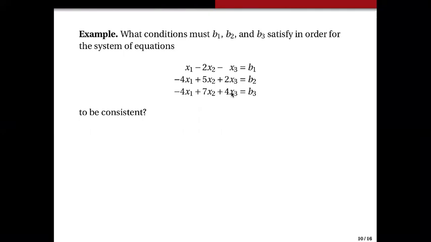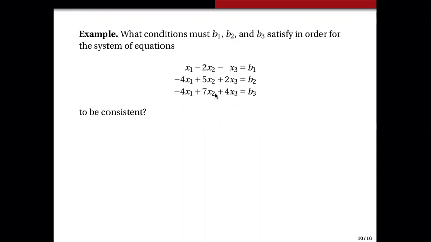That's based on the equivalent statements theorem that we have. If A is invertible, then the system will have a solution. This is a square matrix, I mean, the matrix of coefficients. So if the matrix of coefficients is invertible, then the system will be consistent.